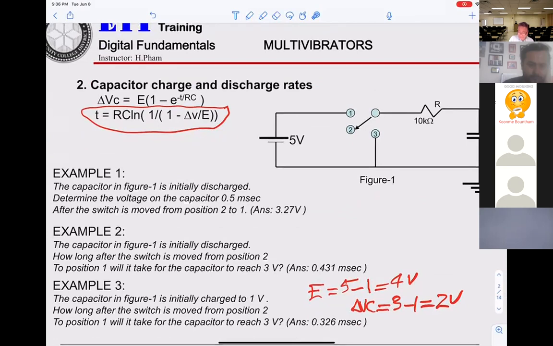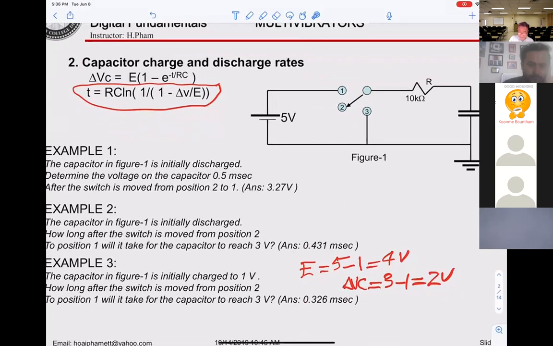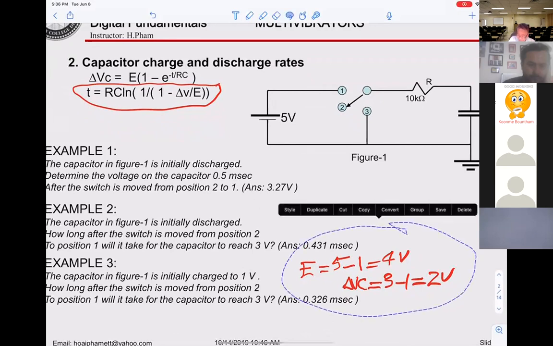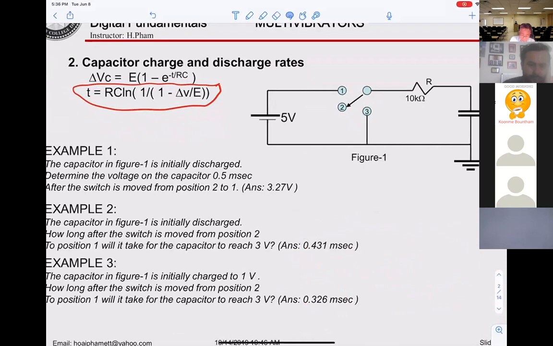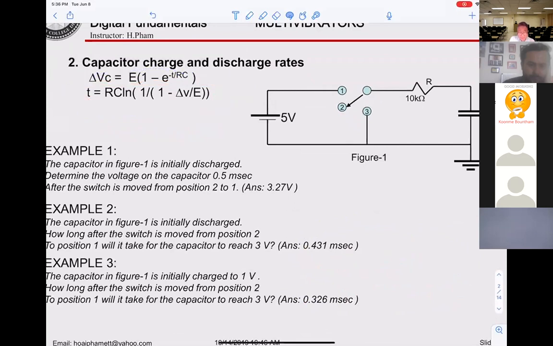Okay, on this example here, try to understand the example. The thing is, we are technicians, we're not involved much in any calculation. But if it is basic, then we have to know.